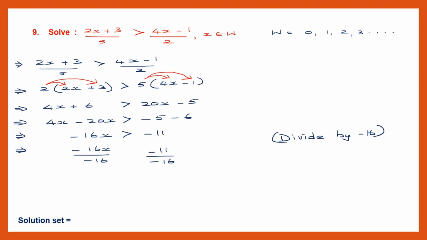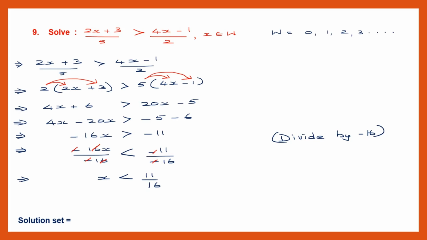Now, remember when we divide by a negative number, our sign will get reversed. So this is now this way. So now let's cancel. So I can cancel this, I can cancel this. Here also I can cancel this. Now here, x is less than 11 by 16.